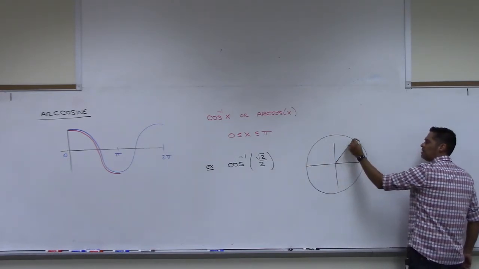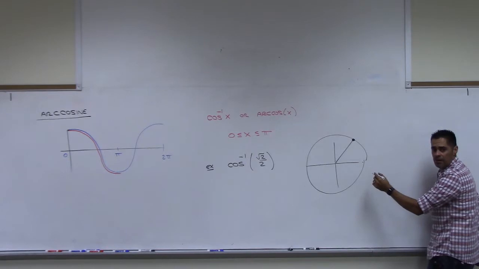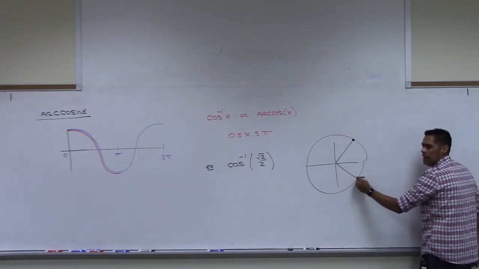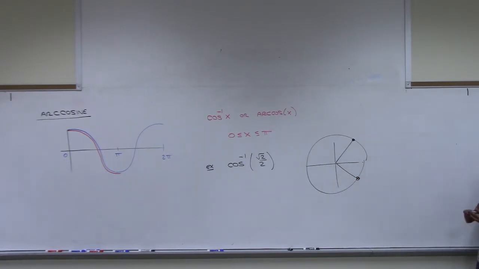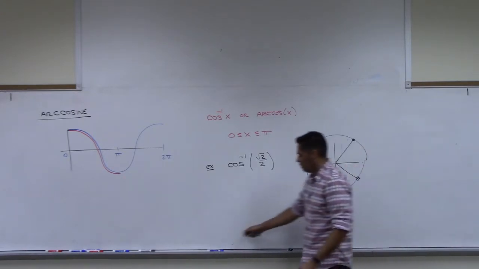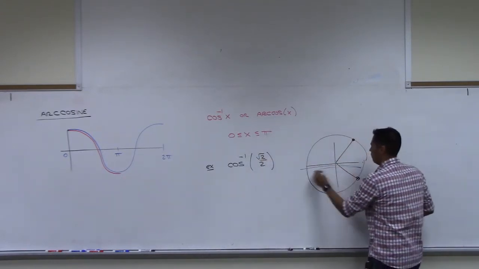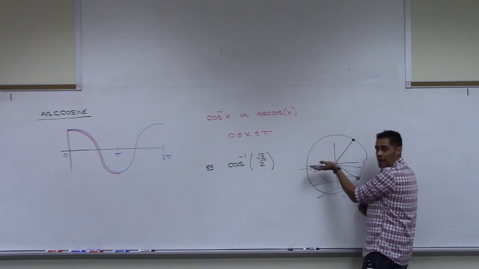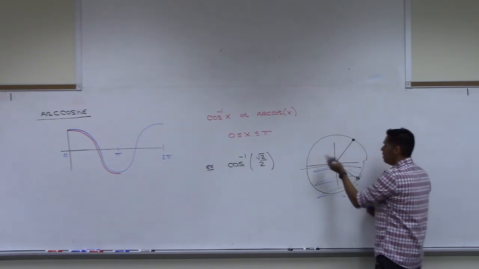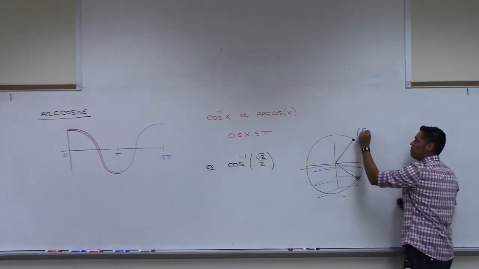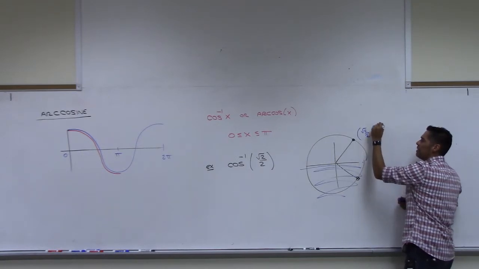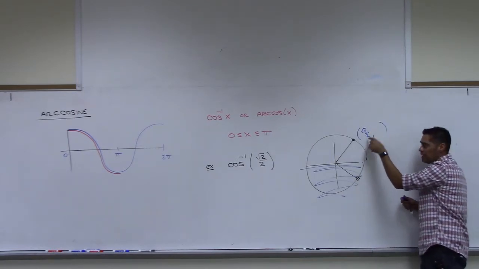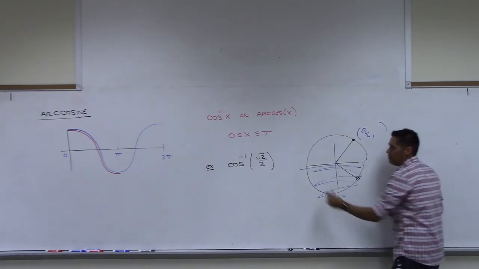That happens here. There's actually two places it happens, here and here. However, I'm not allowed to be down there. 0 to pi is the only place I can be. So that angle, this is root 2 over 2. Who cares about the next one, I'm not even looking at this one. I'm looking at the x-coordinate. So this is pi over 4.